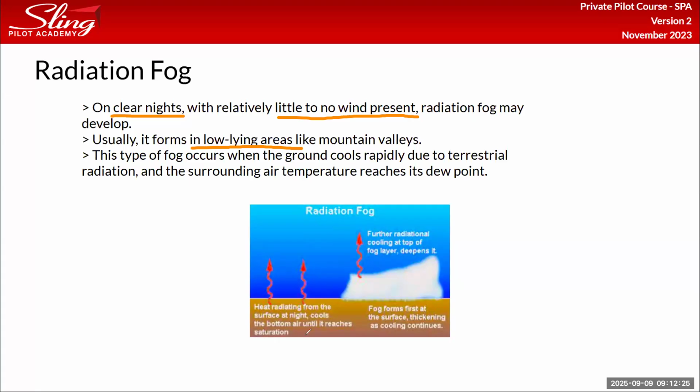Okay, so heat radiating from the surface at night cools down to reach its dew point. Reaching its dew point is the formation of fog. Then a layer forms right on top of the ground. Radiation fog. Good. Cool. We'll keep moving.